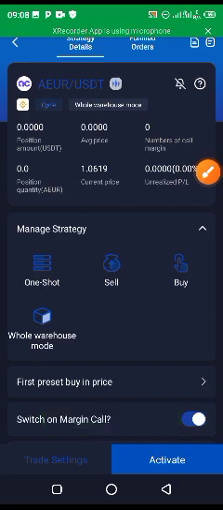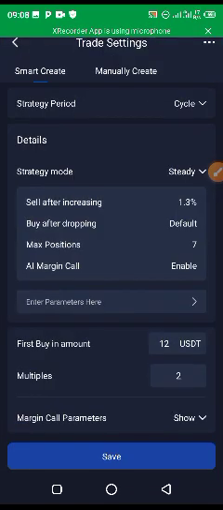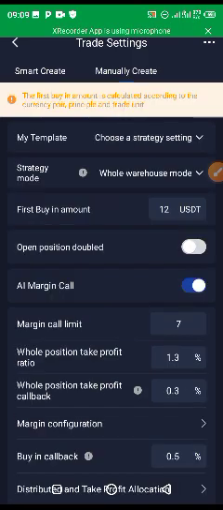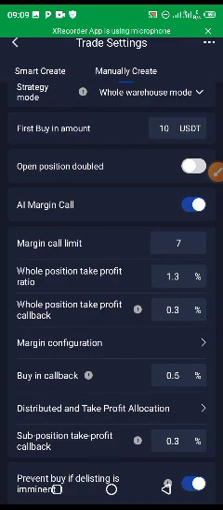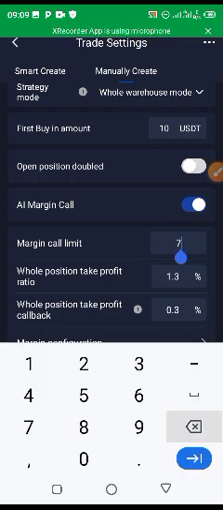They say first set a trade. Okay. Let's first set. We go to the settings. Manually create. First buying, we say $10. Margin call 7. We may say for us we want 5.